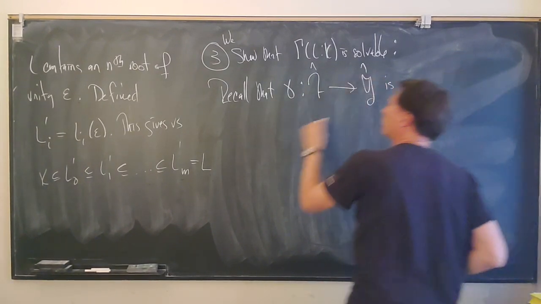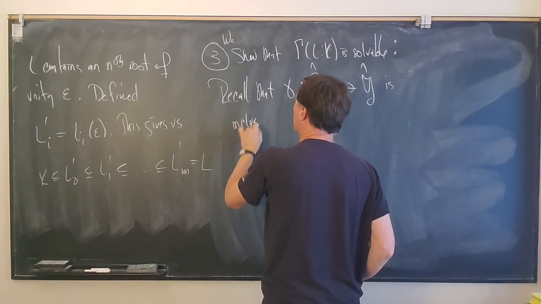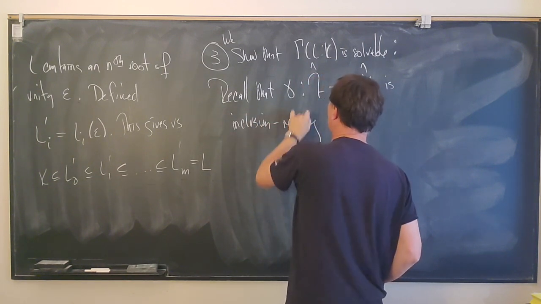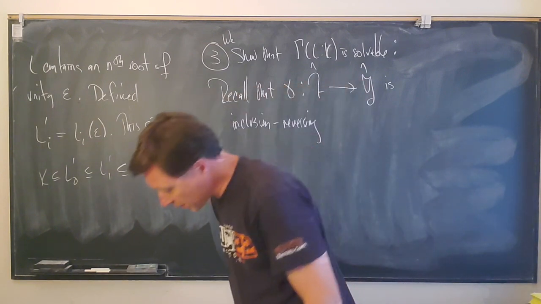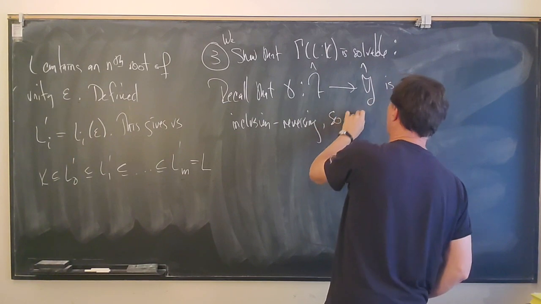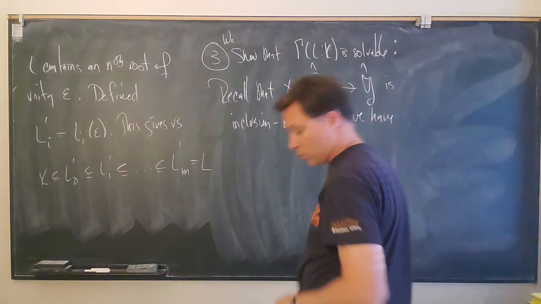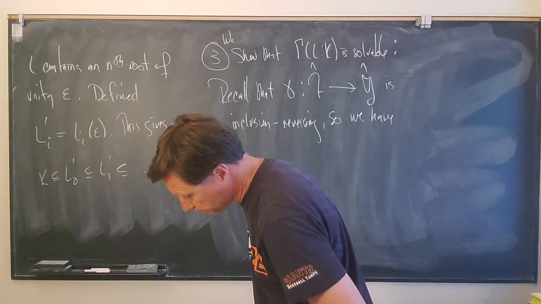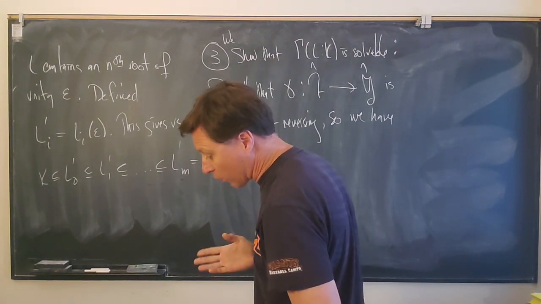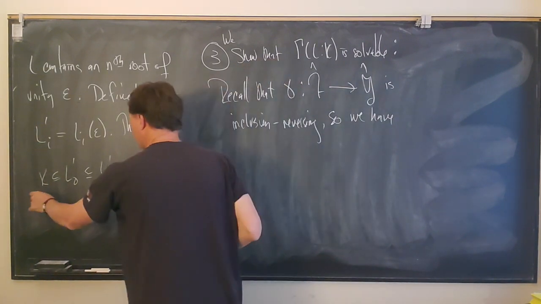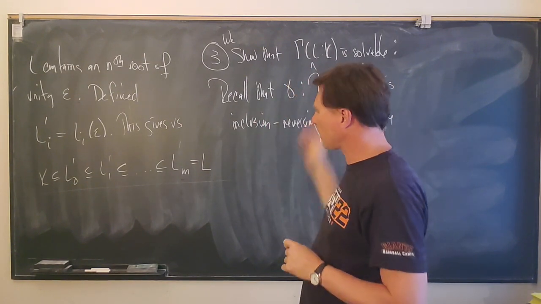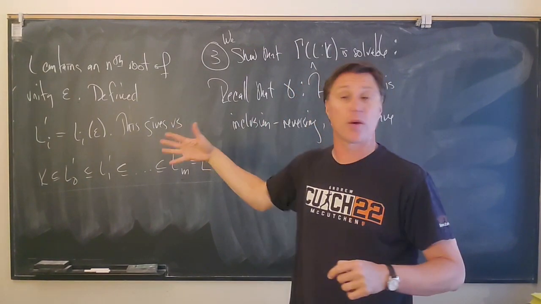And so now what I want to do is apply gamma to each one of these in this chain right here, and so the containment is going to go in the opposite direction.